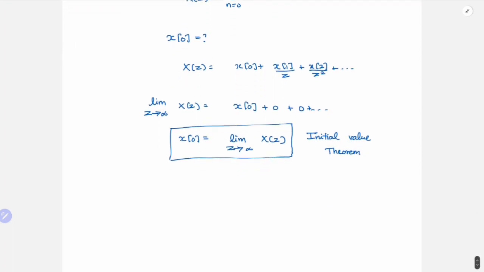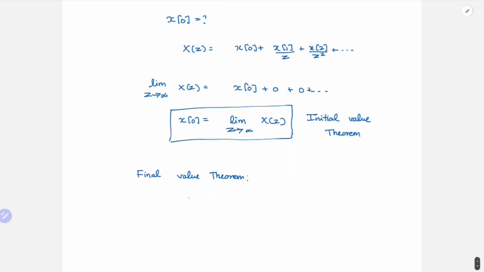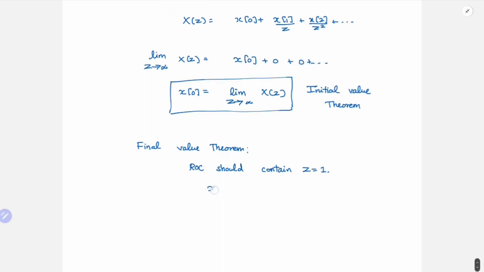So you also have your final value theorem. But you have one other requirement for this. Your ROC should contain z equal to 1, because your formula itself is limit n tends to infinity x of n is nothing but limit z tends to 1 z minus 1 into x of z.